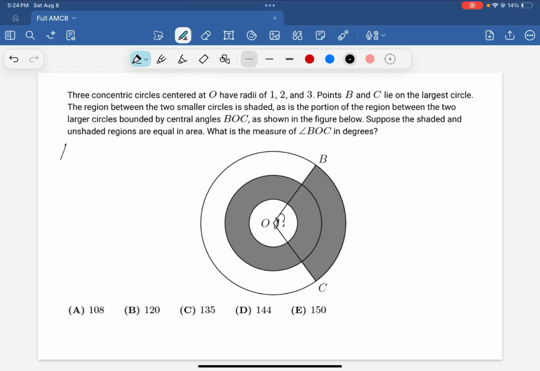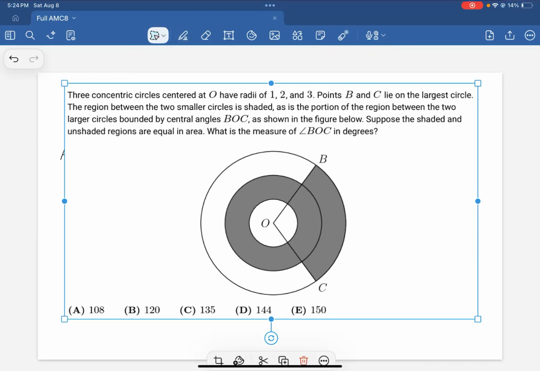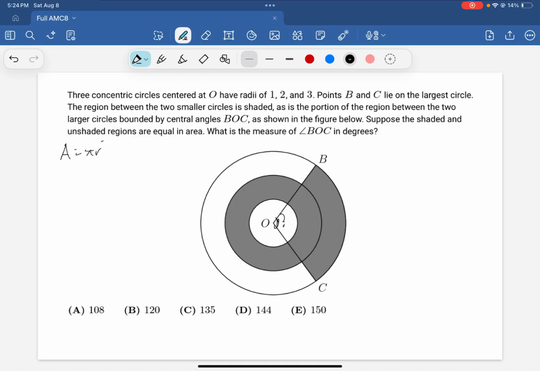The area of a circle is, as you might know, pi r squared, which means the area is going to be 2 squared times pi minus 1 squared times pi, which is equal to 3 pi. The whole circle is 3 squared times pi, which equals 9 pi. So this shaded region is going to be half of that, so that's 9 pi over 2.